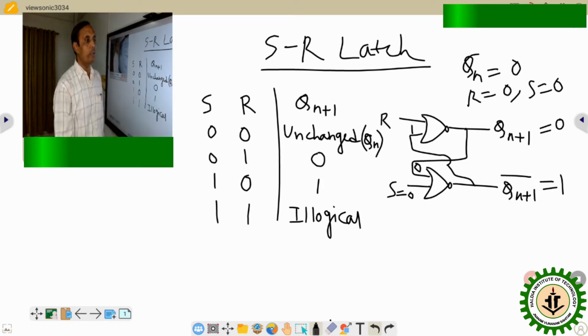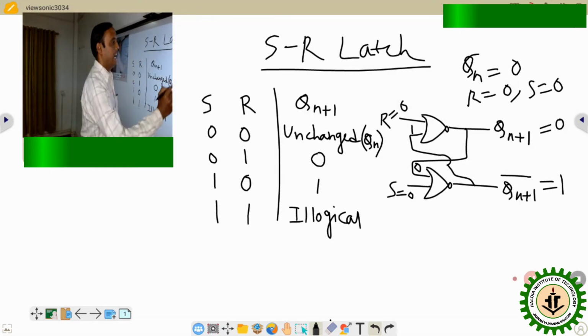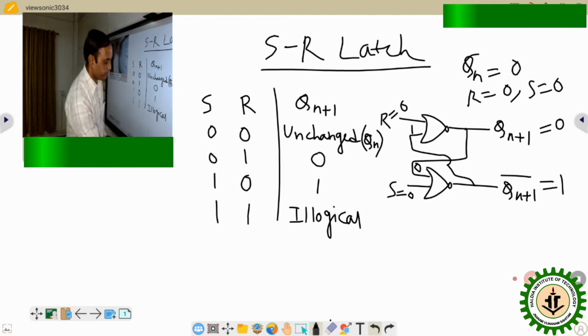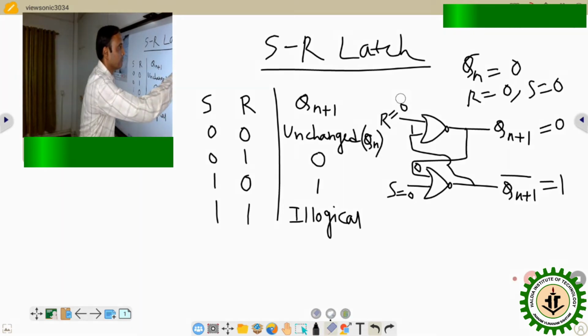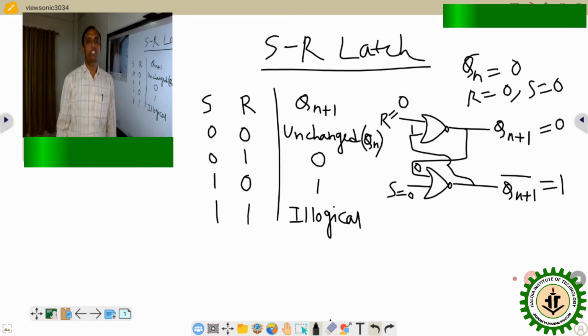Same Qn plus 1 bar equals 1. That means the current output, by giving R equals 0 and S equals 0, will not be changed.